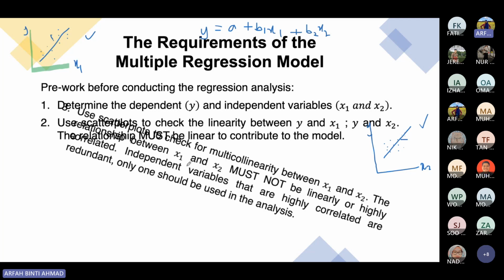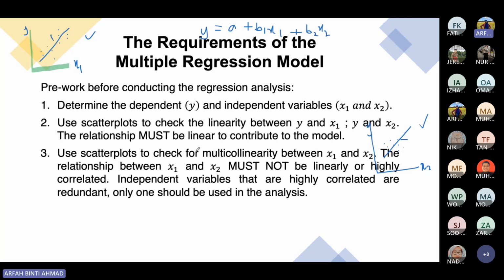Okay. Then for this one, use a scatter plot to check the multicollinearity between x1 and x2. The relationship between x1 and x2 must not be linear or highly correlated. Independent variables that are highly correlated are redundant. Only one should be used in the analysis. Meaning that you are also going to plot x1 against x2. For this plot, you should get a random scatter.